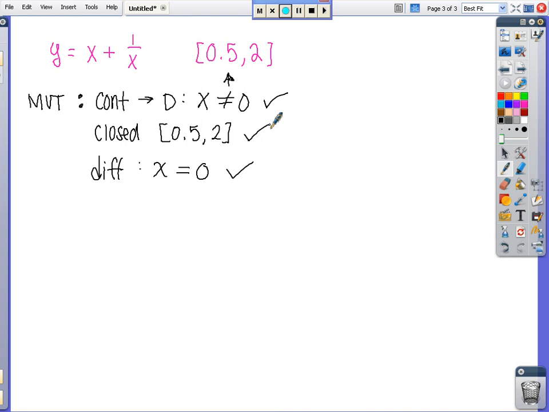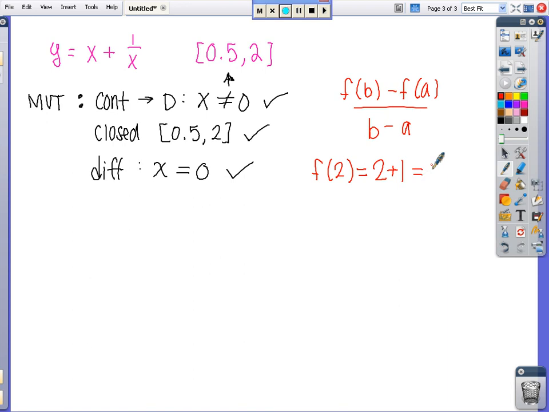Given that it holds, now we want to find f of b minus f of a all over b minus a. So f of b would be f of 2, which would be 2 plus 1 half, which gives you 5 halves. f of a, which is f of 1 half, gives you 1 half plus 2, which again is 5 halves.